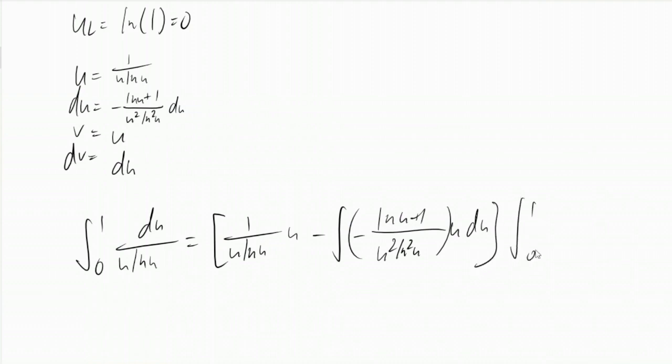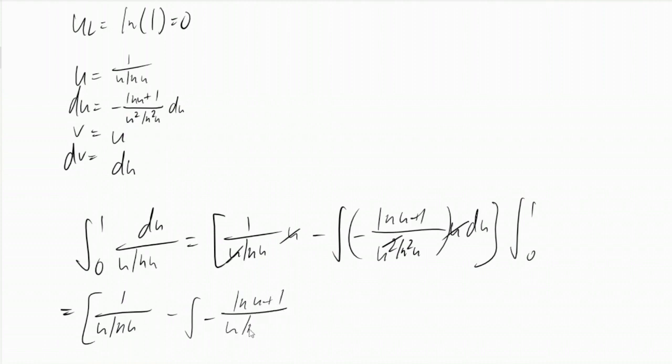Don't forget the integral. And next we'll simplify, so cancel out u and u here. What's left is 1 over ln u minus the integral of negative, ln u plus 1, all over u ln squared u du, from 0 to 1.